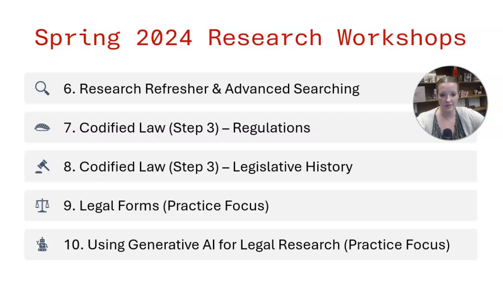We're going to build on that by talking about regulatory research and legislative history research. And then we'll also do a couple of sessions with a more practical focus. So looking at some of these practice-focused databases where we can find relevant legal forms. And then our last session, we'll talk about using generative AI for legal research, which of course is a new thing and very exciting and impactful for both legal research and the practice of law.